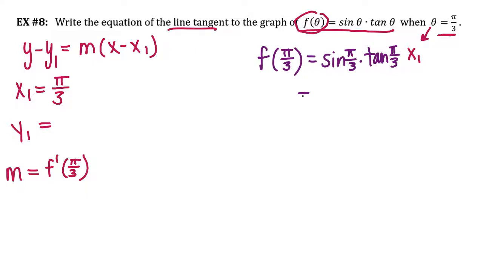So sine of pi over 3, that's at 60 degrees, so that's root 3 over 2, times, and again, here we're just going through and evaluating, times tangent is going to be just root 3. And so that's going to give us 3 over 2. So our y value is 3 over 2.